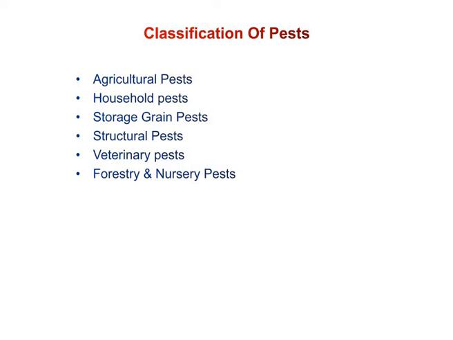Now the fourth type is the structural pest, such as termite and silverfish. The next type of pest is the veterinary pest. There are many examples of veterinary pests, but a few we are going to study here: horsefly, stable fly, horn fly, and sarcophaga fly. These are some examples of veterinary pests.